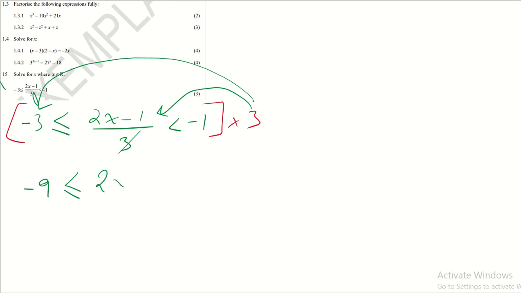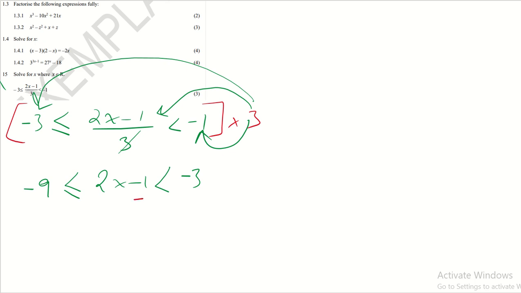So here I'll have 2x minus 1, then I have -1 times 3, which is going to be -3. The next thing I want to do is add 1 on each term.